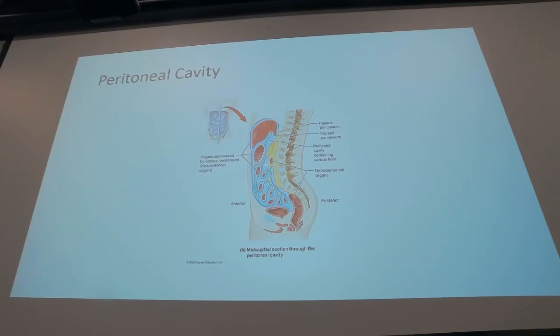And any organ behind this peritoneum is going to be called a retroperitoneal organ. And anything internal to the abdominal cavity that is anterior to the peritoneum is going to be called intraperitoneal, intra for inside.